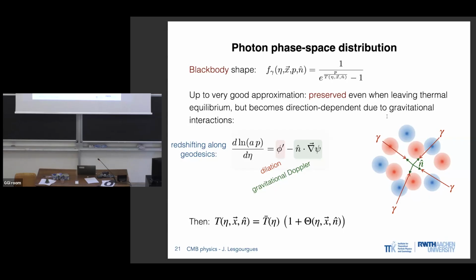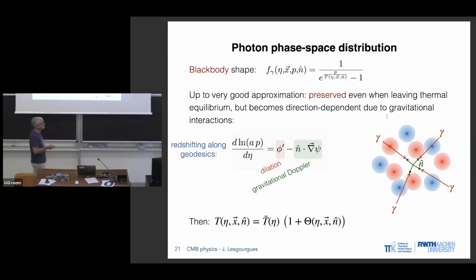So, through propagation, the temperature of the photon, which is no longer a thermodynamical temperature, acquires a dependence on the direction of propagation. This will be very important, and in order to get a nicer mathematical description, we will expand this temperature as a background temperature T bar averaged over all position and direction, and that's a T bar that scales like 1 over A, and which is equal to the CMB temperature today of 2.7 Kelvin, multiplied by a relative fluctuation theta, big theta.